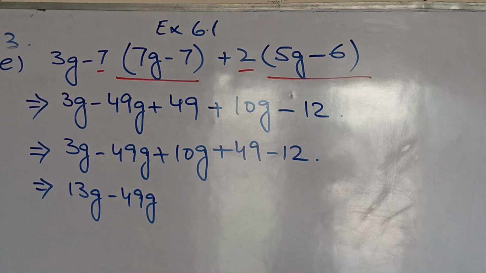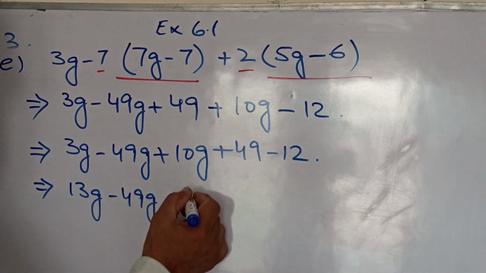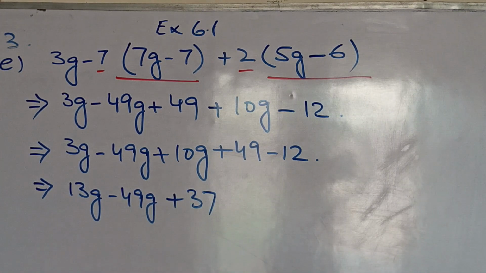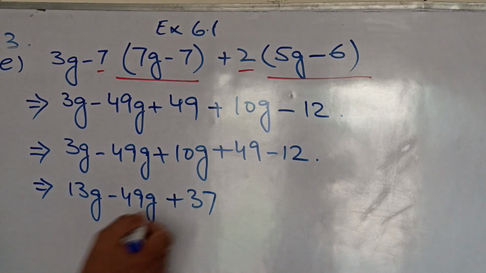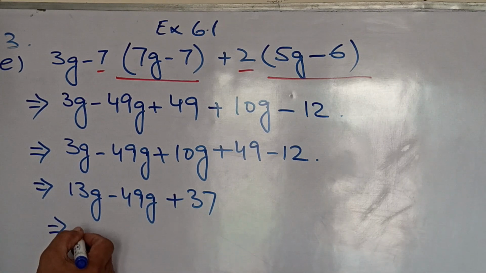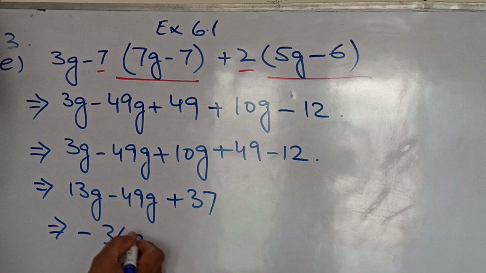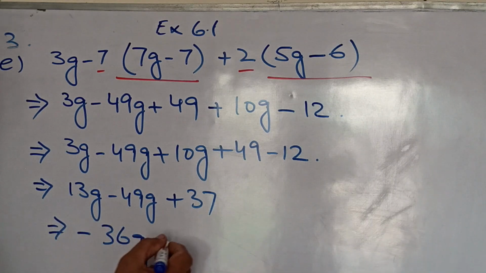The sign will be plus because the greater one is plus, so it will become 37. And now this 49 minus 13. Now the greater sign is negative, so it will become 9 minus 3 is 6 and 4 minus 1 is 3, 36. It will become minus 36g plus 37.